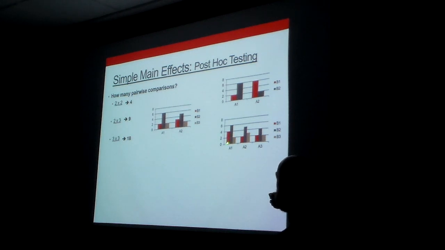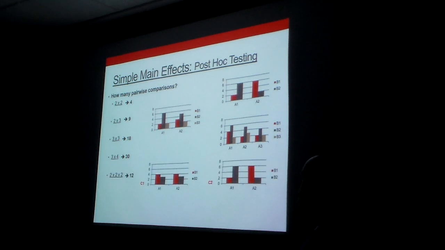Now we've got 9 cells. 9 times 8 is 72. 72 divided by 2 is 36. So there are 36 possible pairwise comparisons in here. Only 18 of these are viable, right? In a 3x4 design, we've got 30 reasonable comparisons.